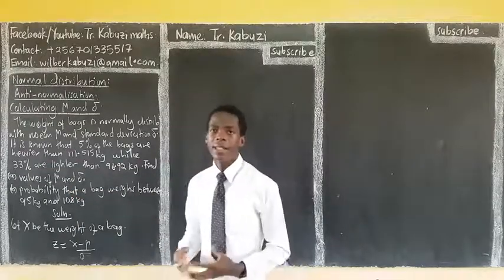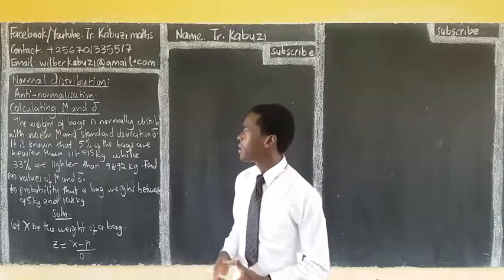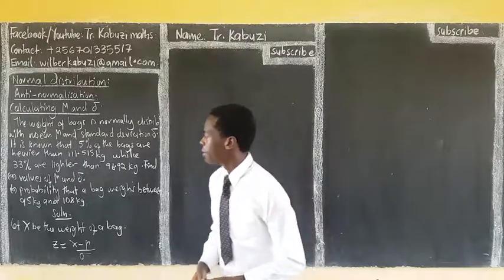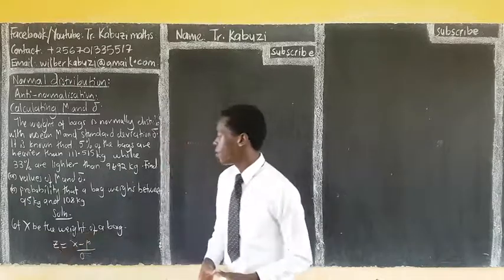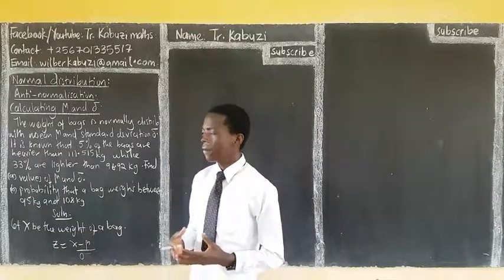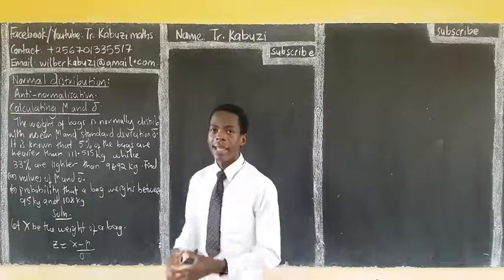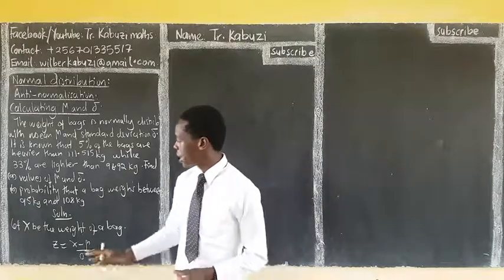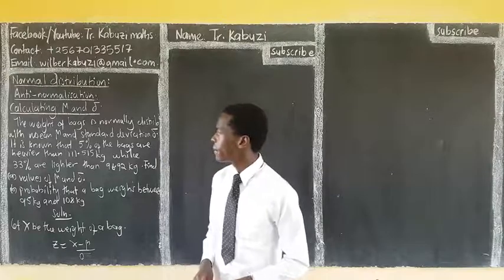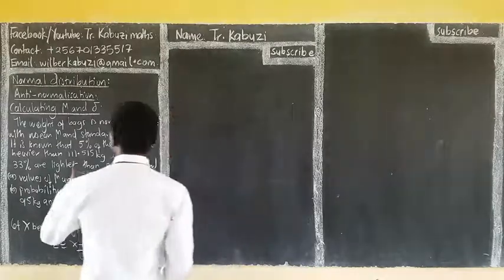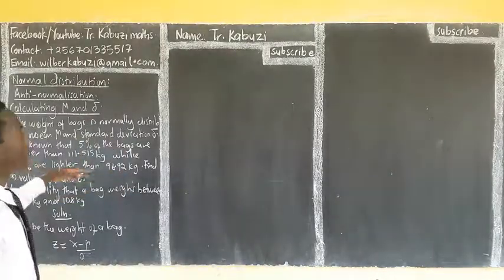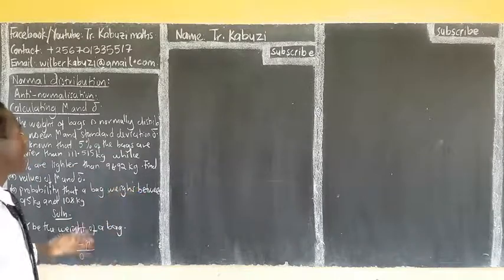Now, what to start with is start by defining this random variable. So let x be the weight of the birds. Now, if we have the weight of the birds, we have to standardize them so that we can use the tables. So to standardize it, this is the formula we are using. And they're telling us that heavier than means something greater than that weight.